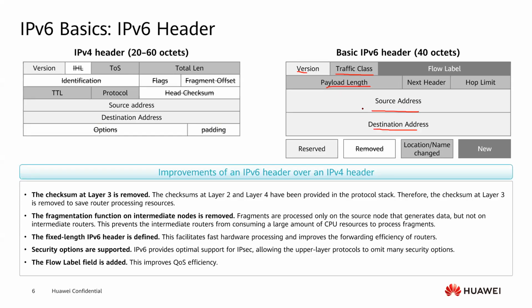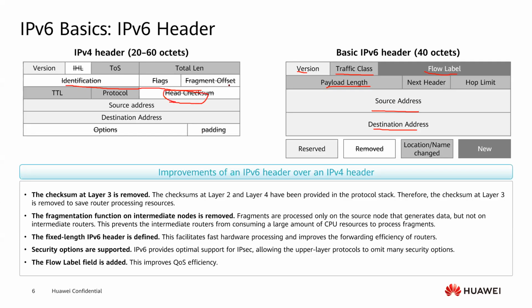These are similar fields, and some are new, for example the flow label, and some are removed, for the fragment and for the authentication.